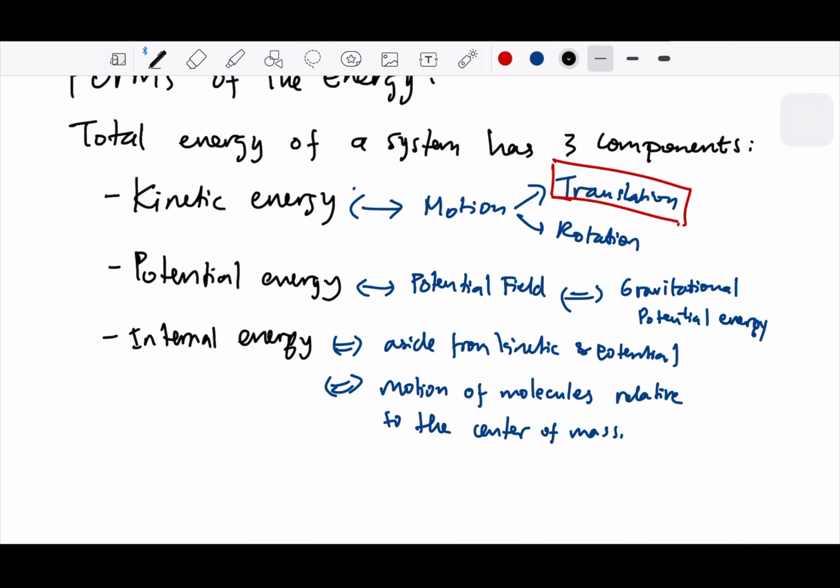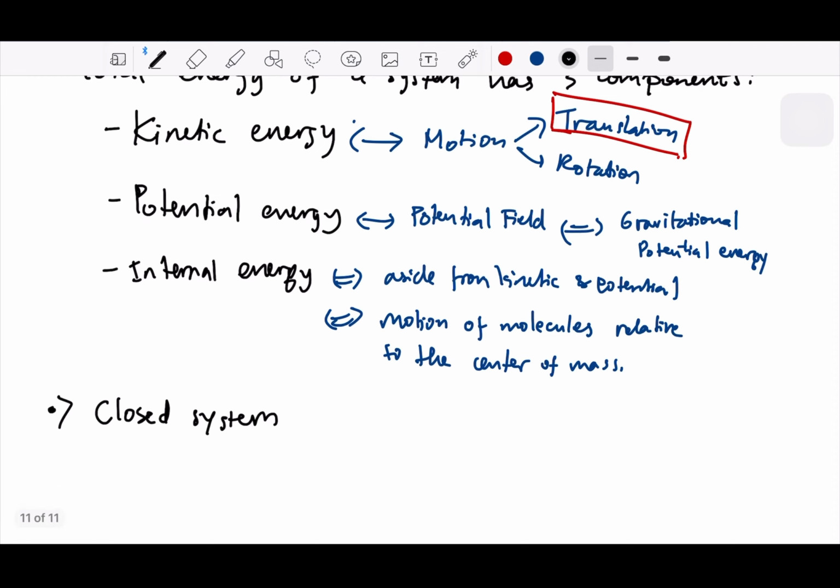That means first, if this is a closed system, closed system means that there is no mass transfer across the boundaries. I think you also learned this in the mass balance, right? The closed system.